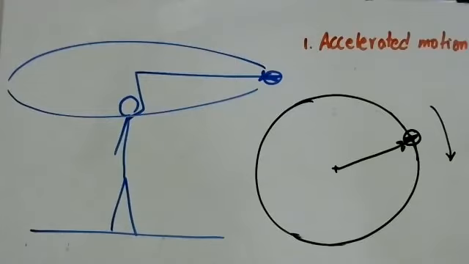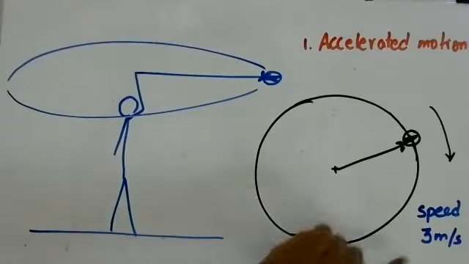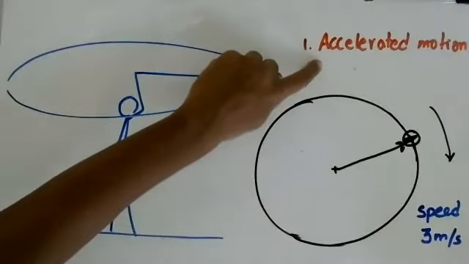Yeah, so we can say that the object is moving, so therefore it has a speed. Let the speed of this object, the stone, be, let's say, 3 meters per second. The speed itself is not changing, so why claim that it is accelerated motion?